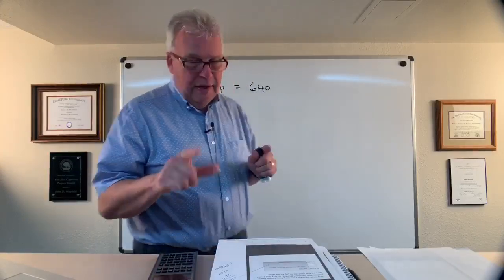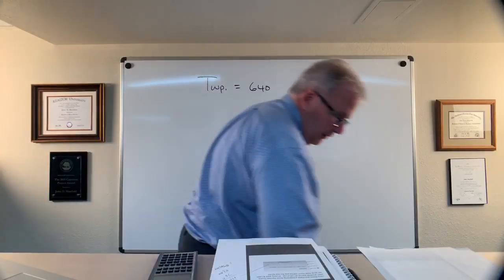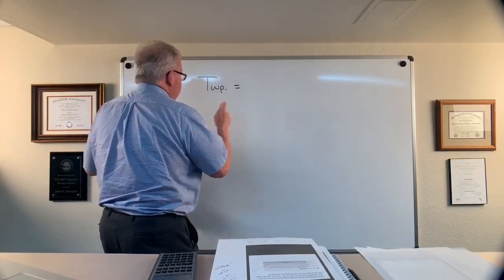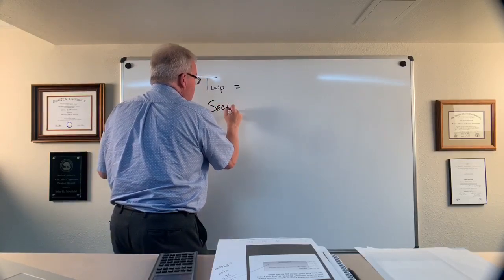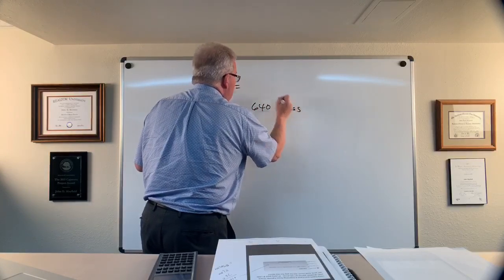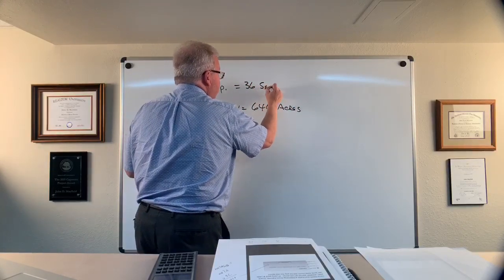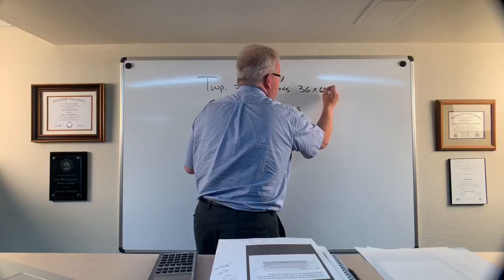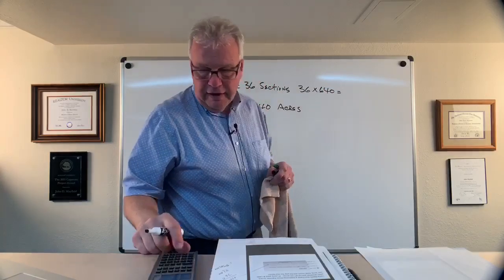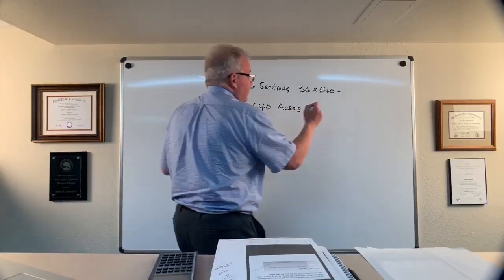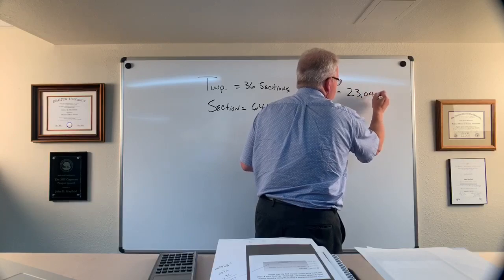So within a section, there are 640 acres. Now, there are 36 sections in a township, right? So we would just take 36 times 640, and that would give us 23,040 acres, okay?